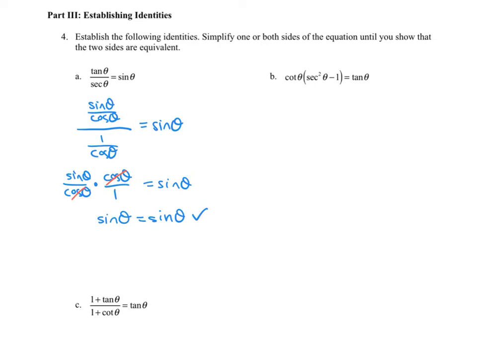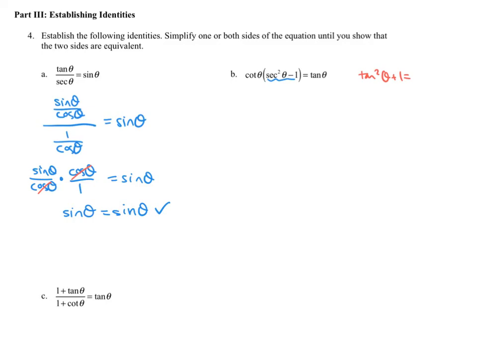In the next one, again, I'm going to work on the more complicated side until the left side looks like the right side. I think I can use a Pythagorean identity for this inside part. So from our Pythagorean identity list, we have the property tangent squared theta plus 1 equals secant squared theta.